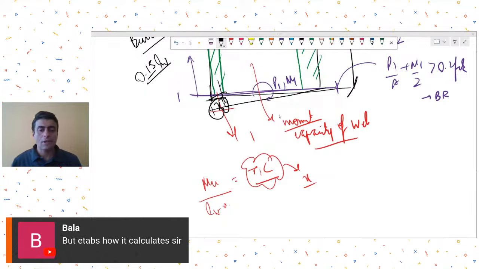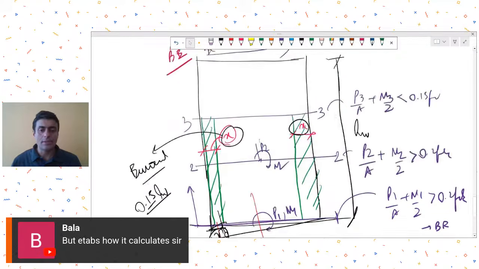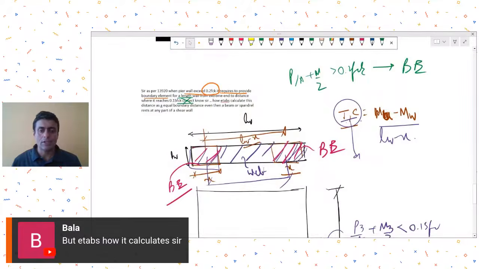Try to do it manually using this method that I just explained to you. You calculate the TNC; it will be the moment that you have to resist minus the moment capacity of the web. This moment capacity of the web can be calculated as per Appendix A of IS 13920.